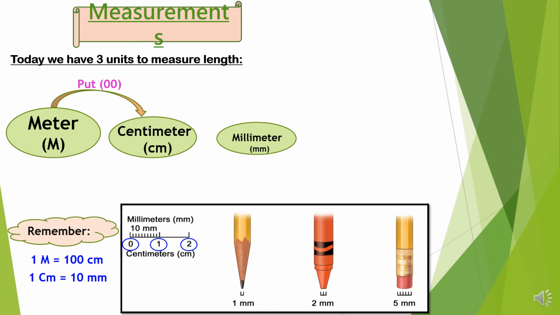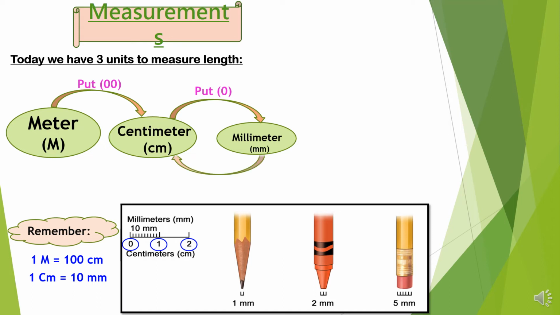So we will put 2 zeros from meter to centimeter and 1 zero from centimeter to millimeter, because 1 centimeter equal 10. This 10 contains only 1 zero. So between centimeter and millimeter we will put 0.